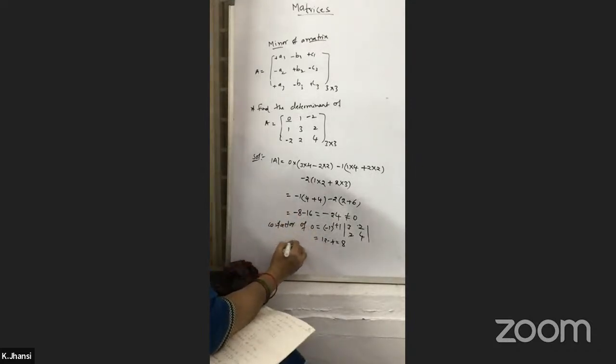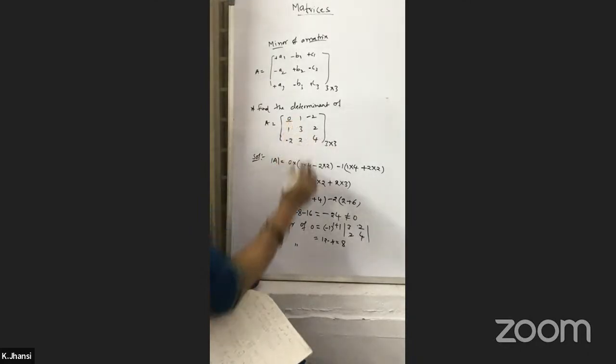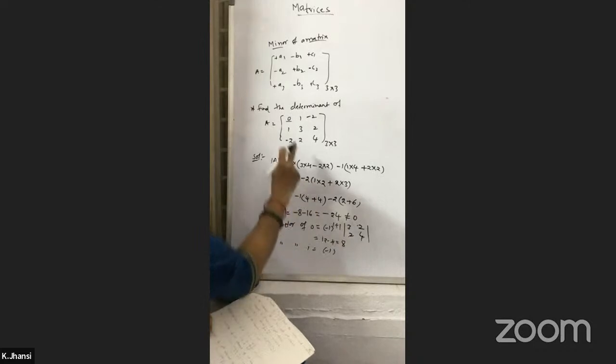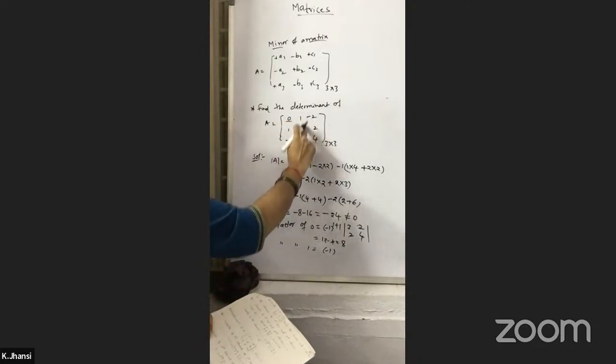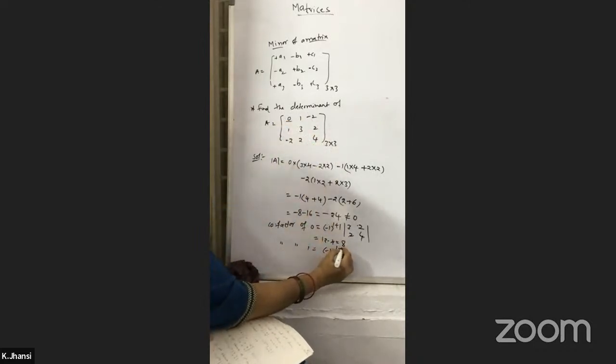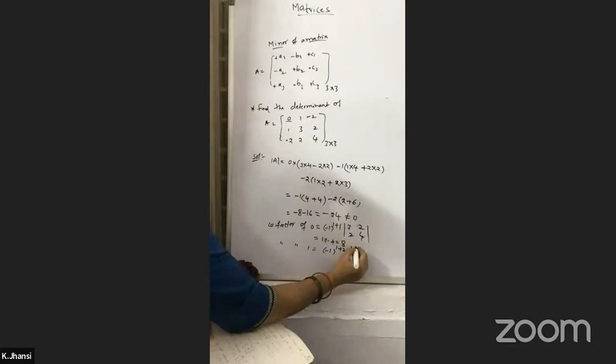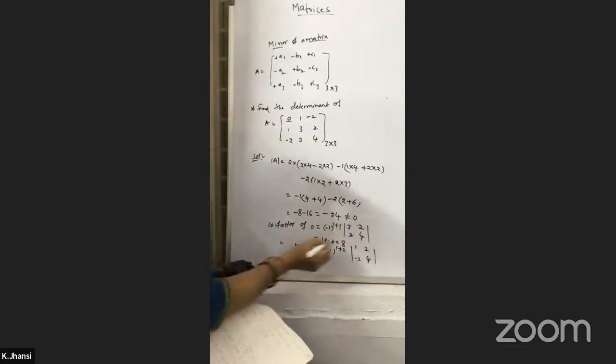Next is the same, cofactor of 1. Cofactor of 1 is equal to minus 1 to the power of, this 1 is in the first row but second column, so 1 plus 2. And what is the minor? If you eliminate this row and column, 1, 2, minus 2, 4.